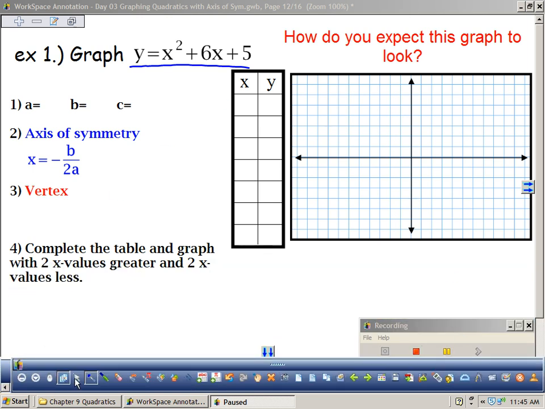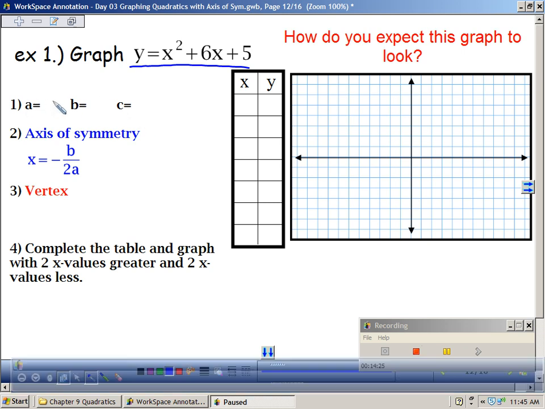All right, let's take care of this one. So I'm going to start by saying what's A, B, and C. What's A, class? 1. And B? 6. And C? 5. Good. We need to plug in for the axis of symmetry. So I'm going to say x equals negative 6 over 2 times 1.